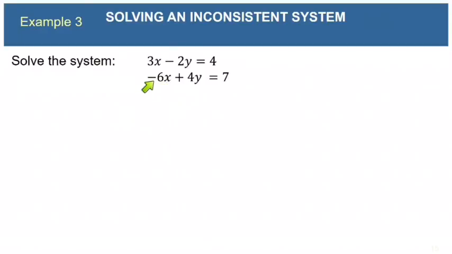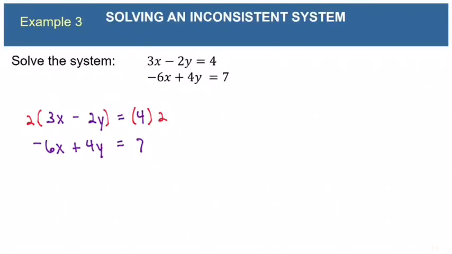Now the bottom one is already negative 6, and so I want the top x coefficient to be positive 6. So I'll just multiply the top equation by 2. That's going to give me 6x minus 4y equals 8, and the other equation will leave unchanged.